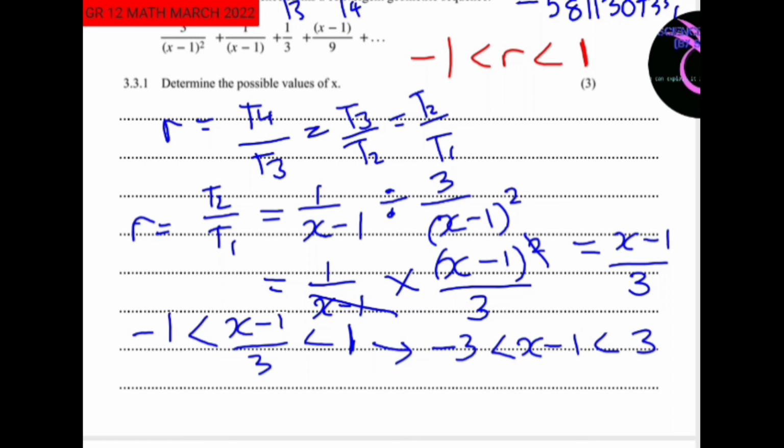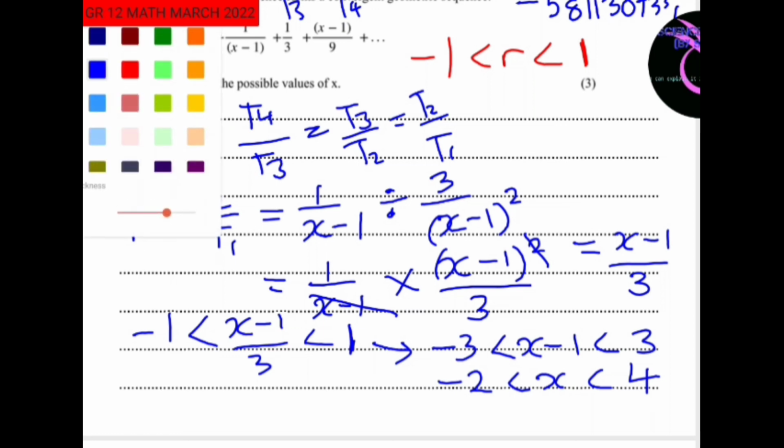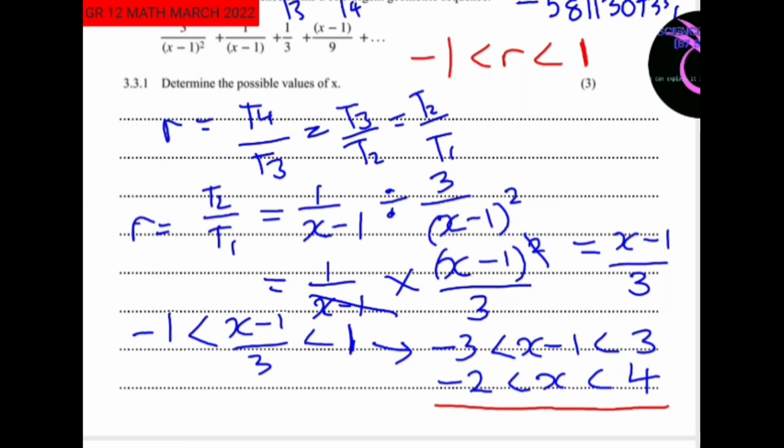We add 1 on the left and on the right. So I end up with minus 2 less than x less than 4. In other words, the value of x is any number between minus 2 and 4. So this is my final answer.